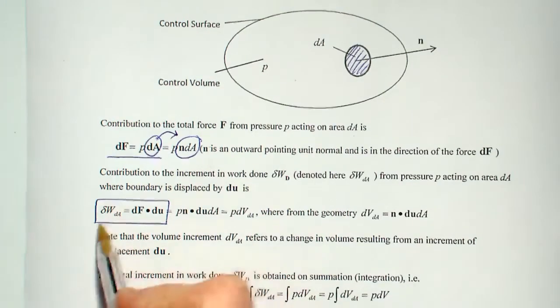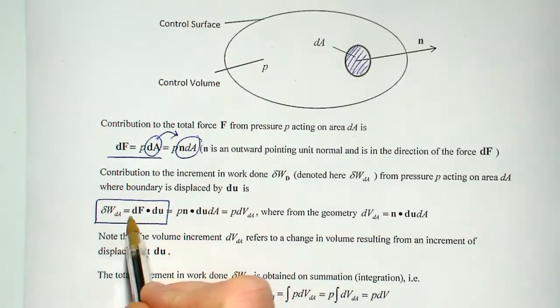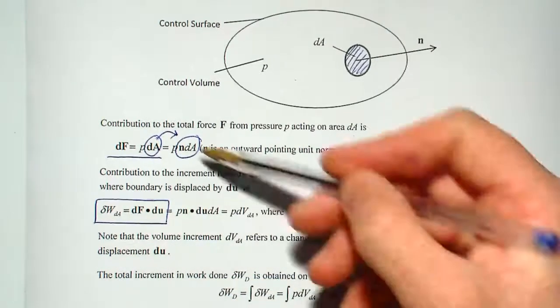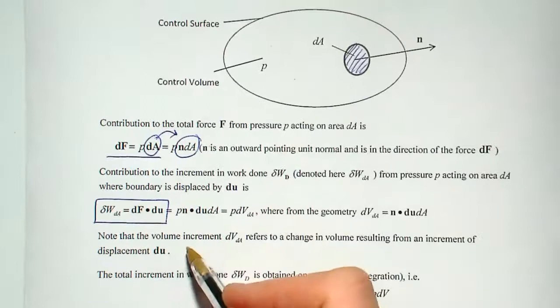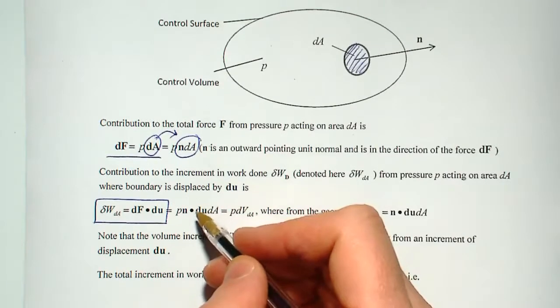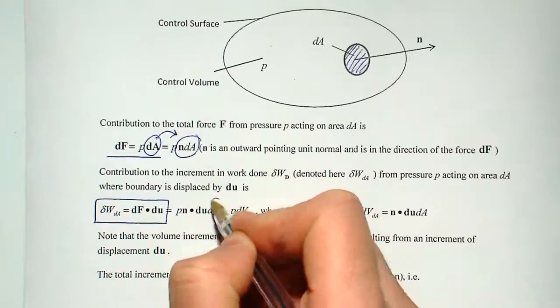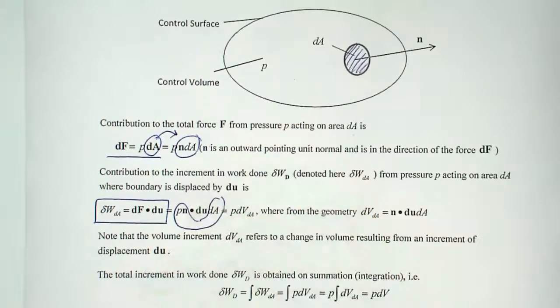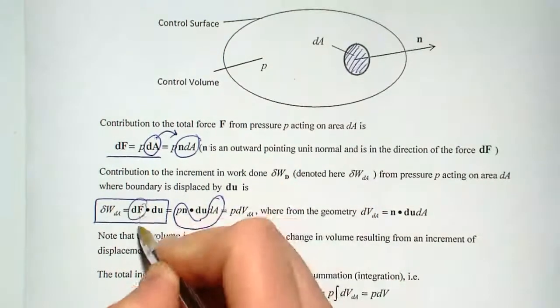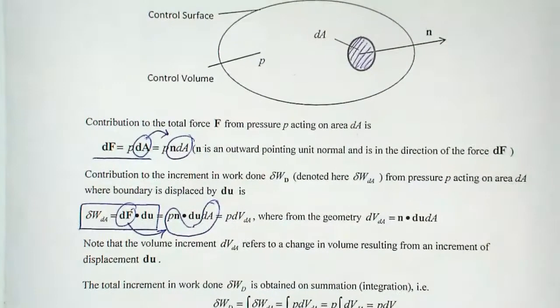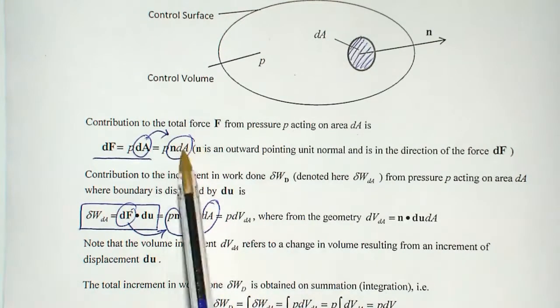And I've used the dot product, F and U. And based on what I've already done here, I'm going to replace dF by pn dA, and you know that from here.